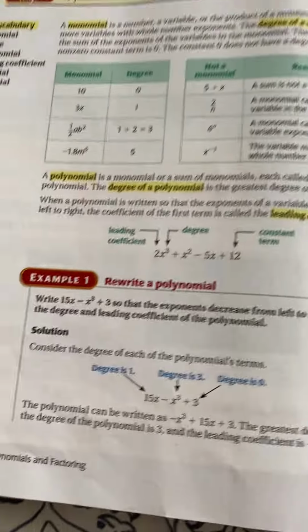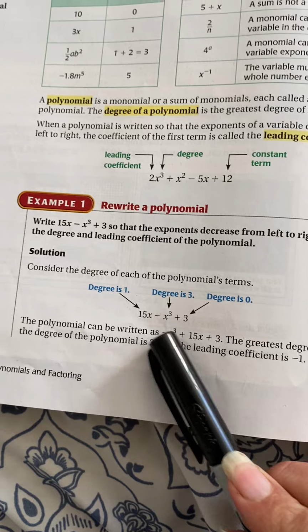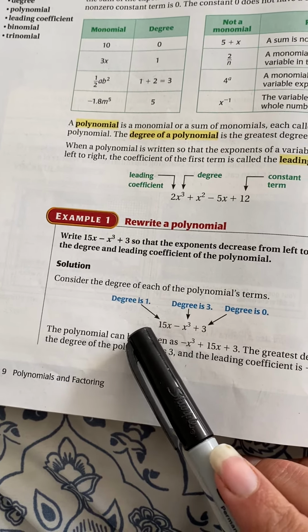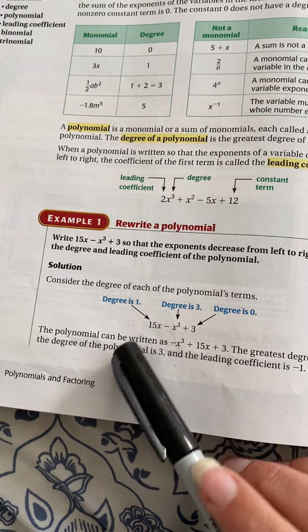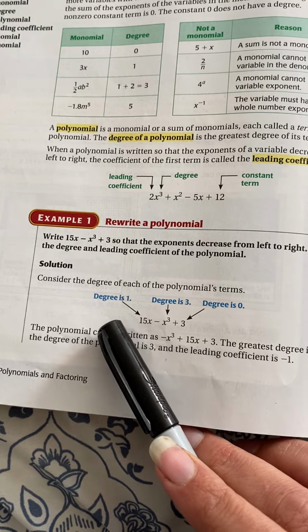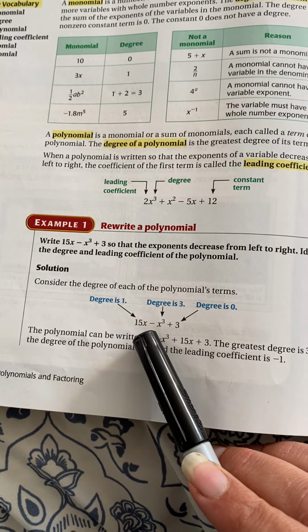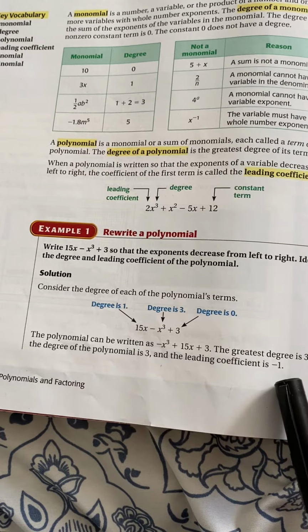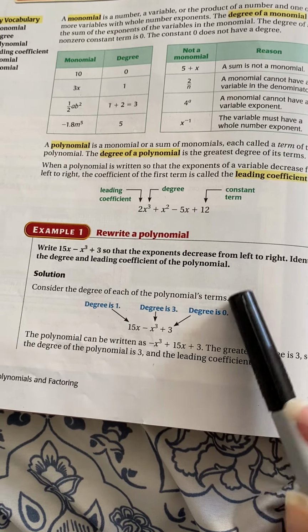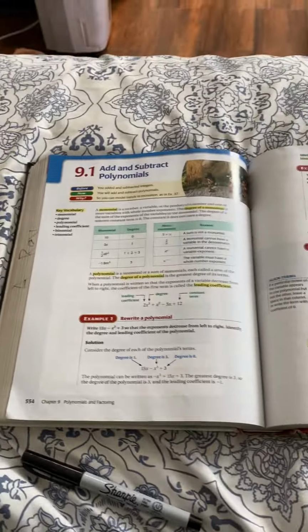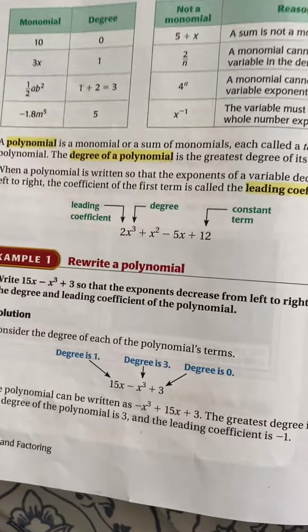Whenever you're writing polynomials, almost always you're going to write it where the highest degree variable is going to go first. So you're going to write negative x cubed plus 15x plus 3. So then we can see that negative 1 is my leading coefficient. My constant term is going to be 3. And my degree of this polynomial is going to be 3.